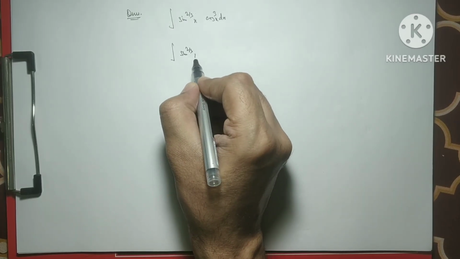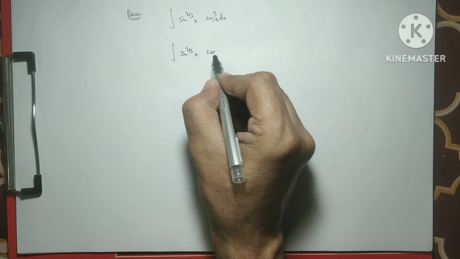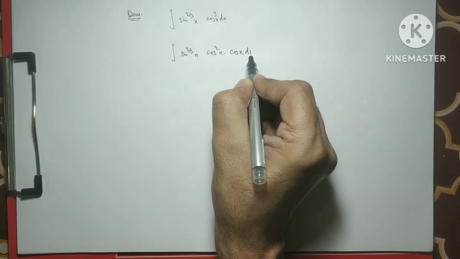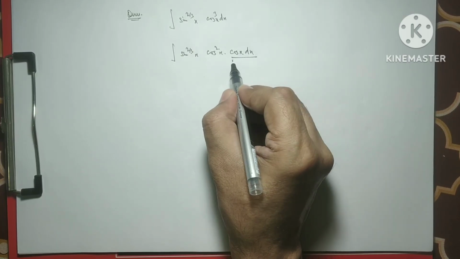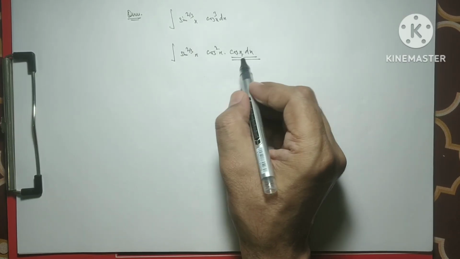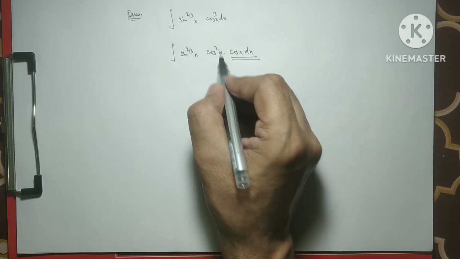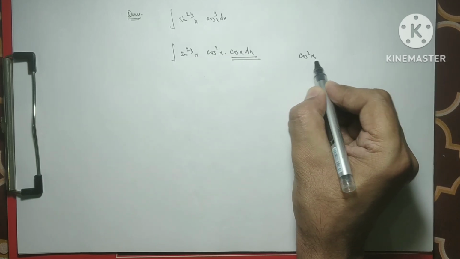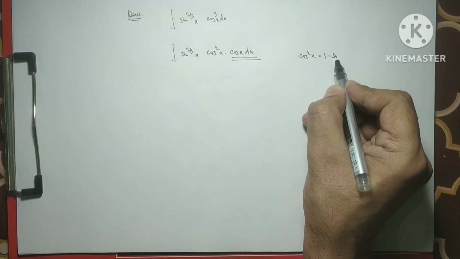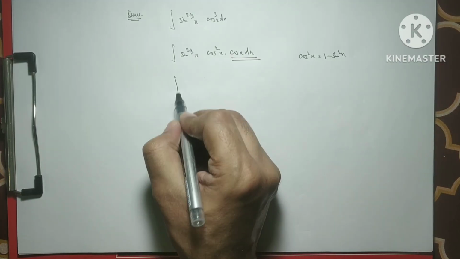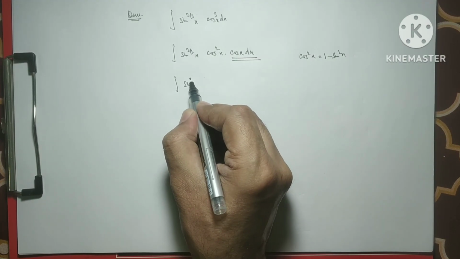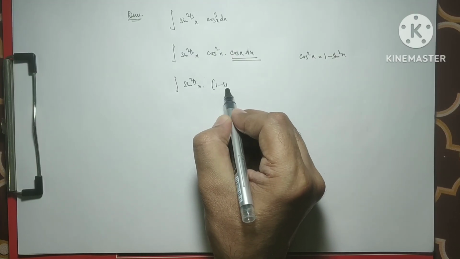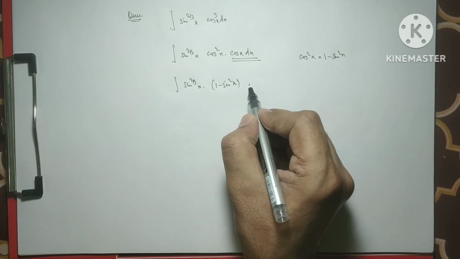It is sin to the power 2/3 x, and this is cos square x and cos x. If we extracted cos x, then the remaining expression should be in terms of sine. So we substitute the value of cos square x as 1 minus sine square x. Now we have the change in this question: 1 minus sine square x in place of cos square x.